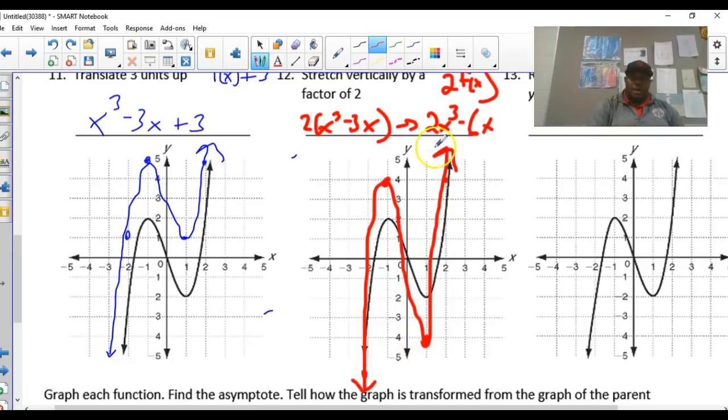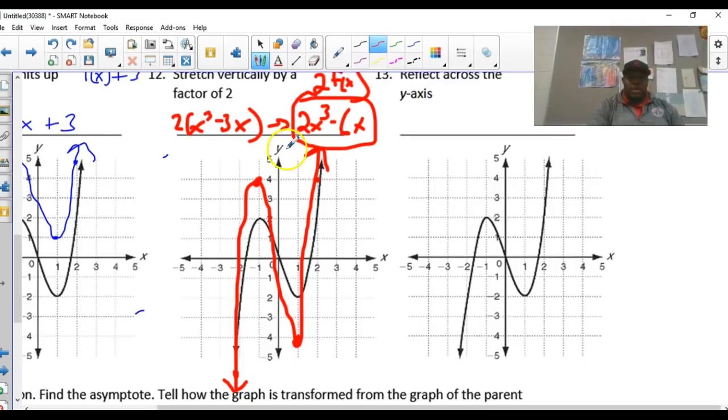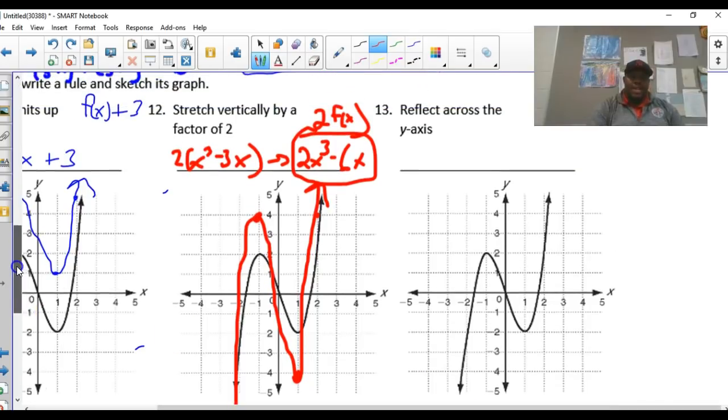Something like that. Here's the equation. Now again, your teacher may take it like this. They just want to see you multiply by 2. Or you can simplify it like this, okay? That's the right answer.